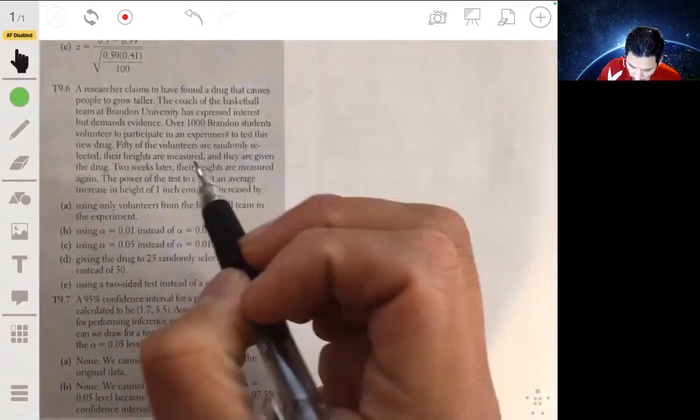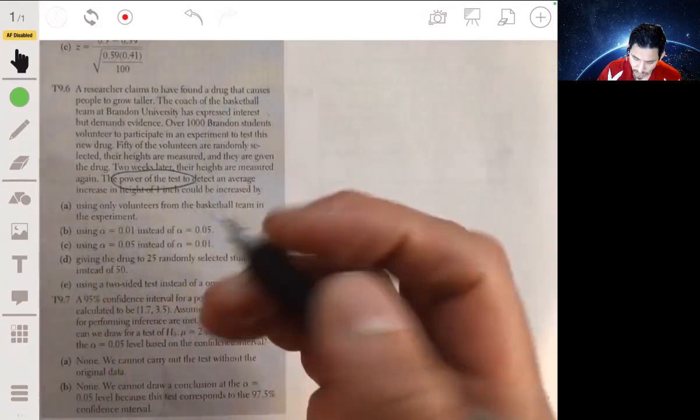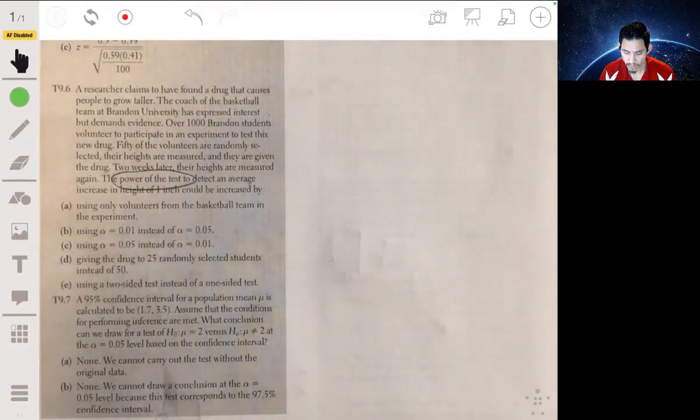So we're talking about the power of the test. Don't overcomplicate it, just go on your intuition. To increase the power of the test, like in any study, you want more data. More information is better.